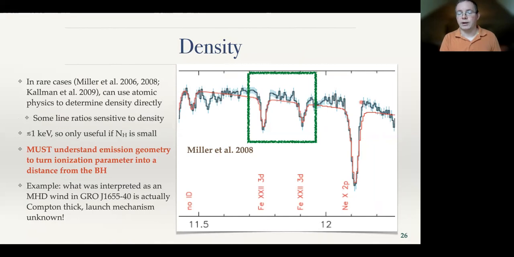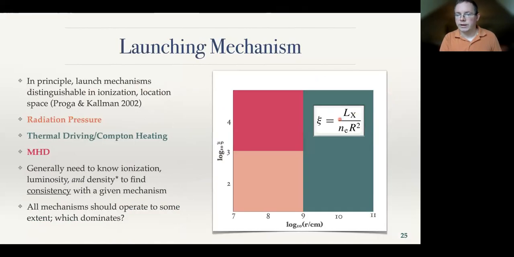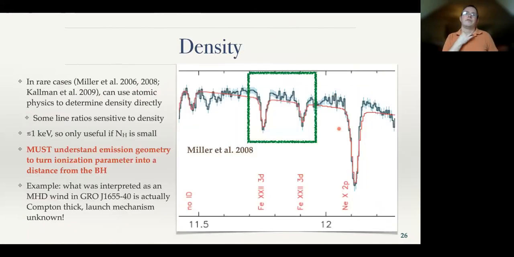What you're really doing here is looking at the flux per electrons per cubic centimeter. And so the flux, if your emission geometry is not a point source, but a massive Compton thick outflow, then you risk drawing the wrong conclusions from your ionization parameter.